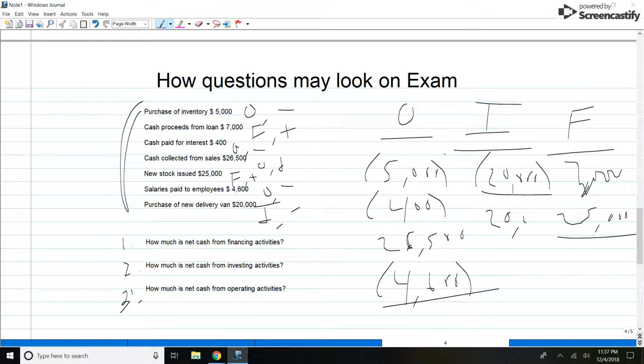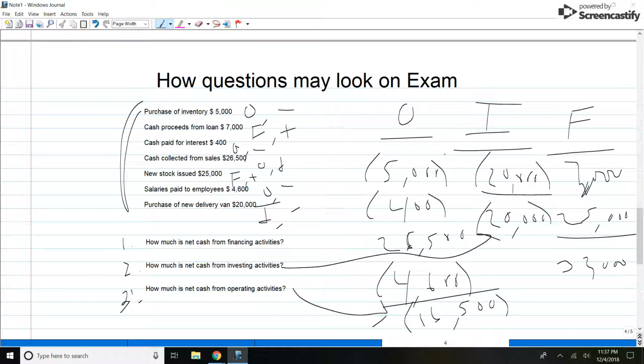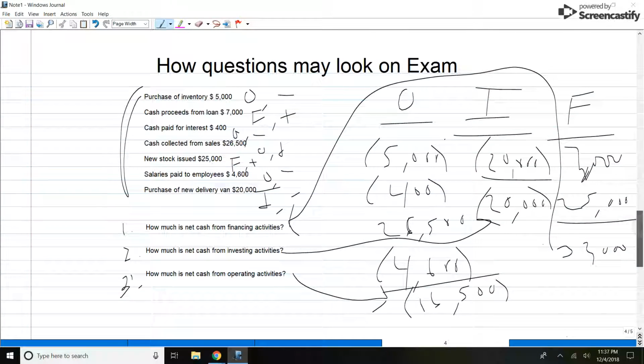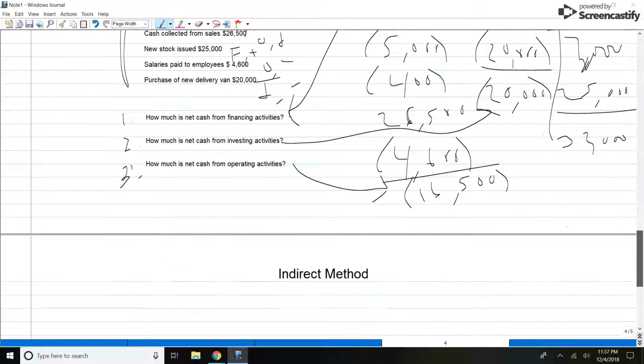You do this one first because it's the easiest. Then we got 32,000, and over here, 16,500. So net cash from operating activities is going down, investing activities is going down too, and financing activities is going up. Hopefully those questions won't give you too much trouble on the exam. On the exam there'll be multiple choice, but I didn't want to give you multiple choice because I wanted to toughen you up a little bit.